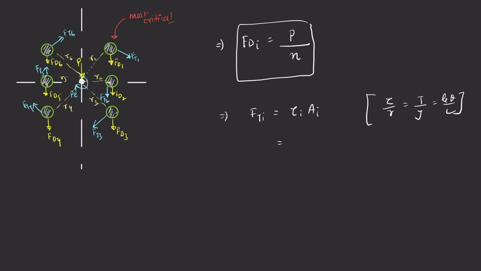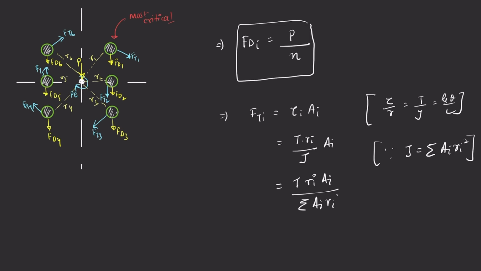So it becomes T into Ri over J, into Ai. Since J is the polar moment of inertia, for all the bolts it will be the summation of Ai Ri square. Putting this value we get T into Ri Ai over the summation of Ai Ri square, where i goes from 1 to n number of bolts.